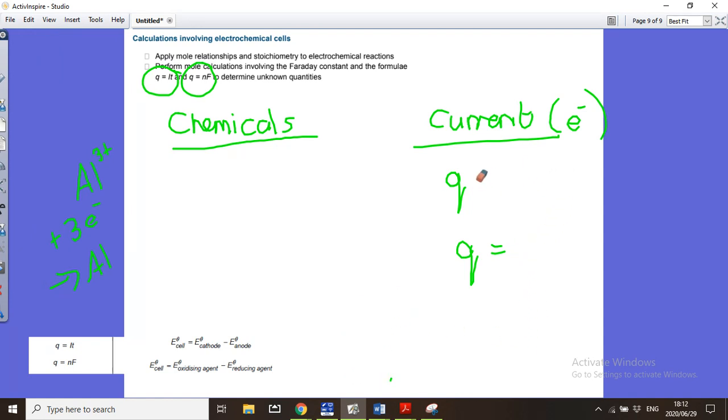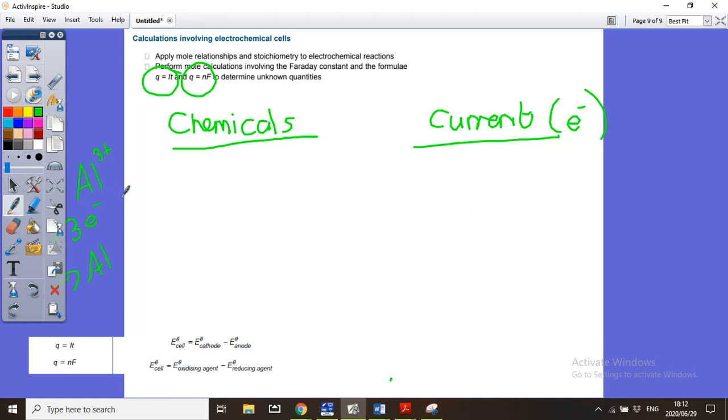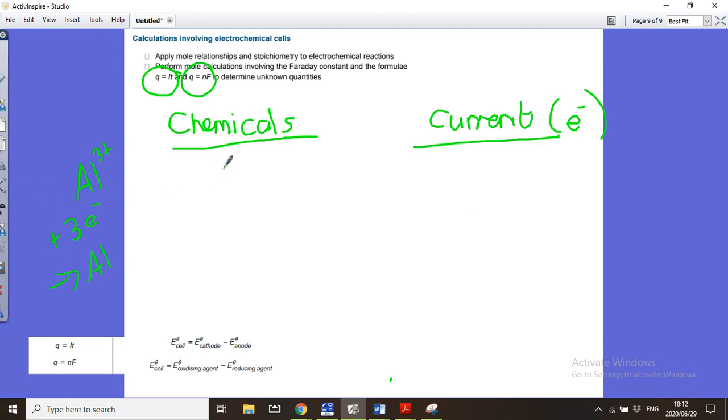Please go and do the worksheet again and practice this, because you do need to practice it a little bit. If they give you information about the chemicals, they normally give you the mass or the volume. So your first job is to take the mass or the volume and use n equals m over Mr or V over Vm and work out the actual moles. But remember, this is the moles of my chemical. So my moles of aluminium will then lead me to my moles of electrons, because you look at your ratio again.